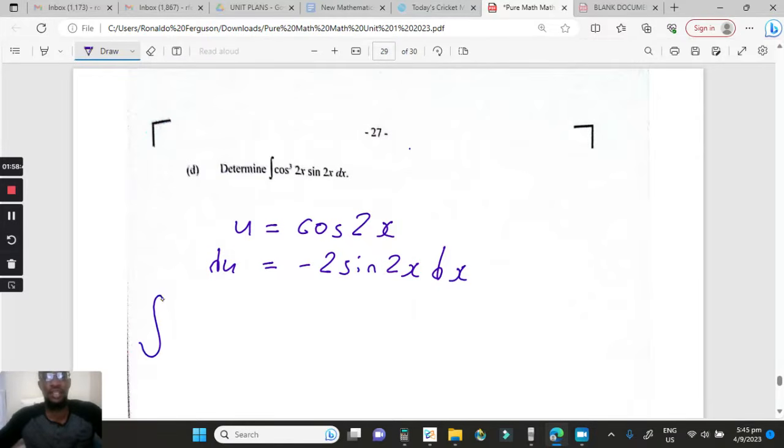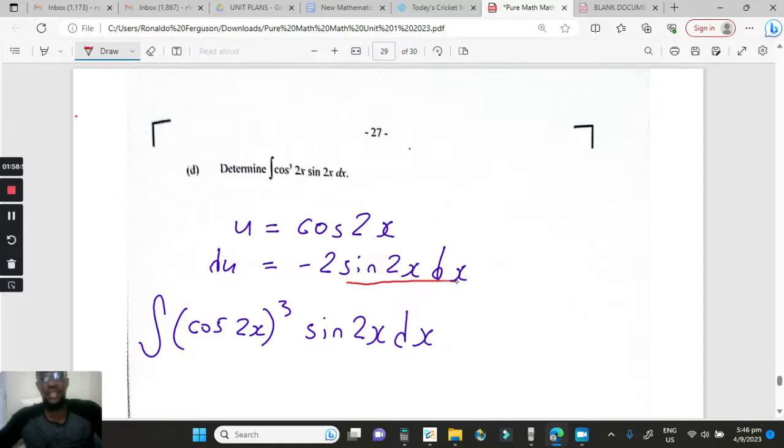Because when we're integrating now, cos 2x being cubed times sine 2x dx, we realize from right here, we could make sine dx the subject by dividing by negative 2. And so we have sine 2x dx is just equal to divide by negative 2. It is negative a half du, right?